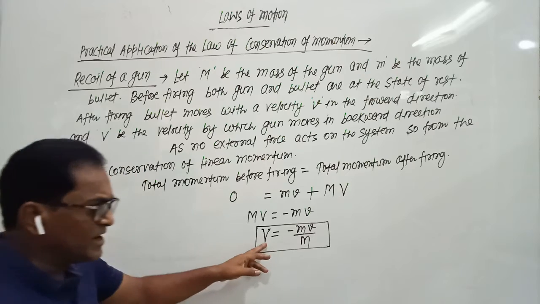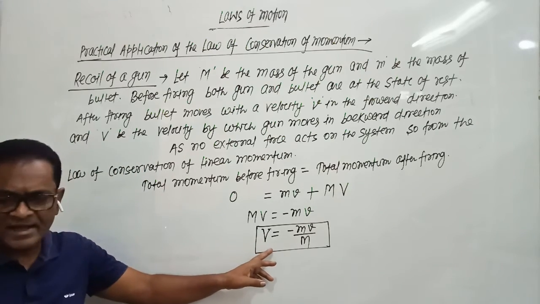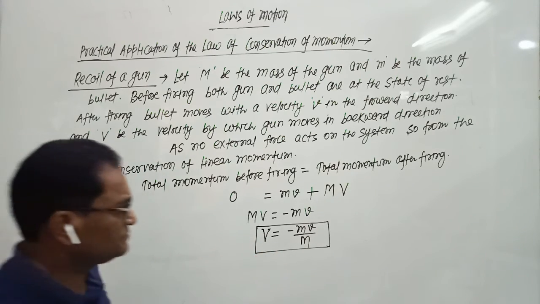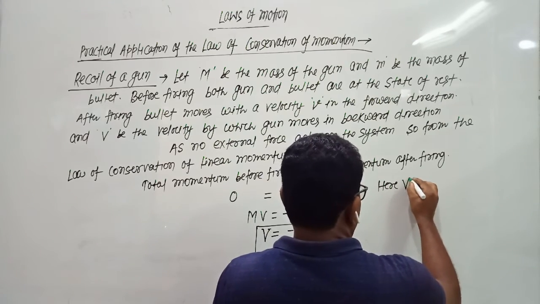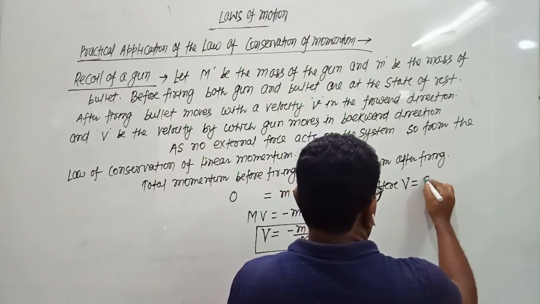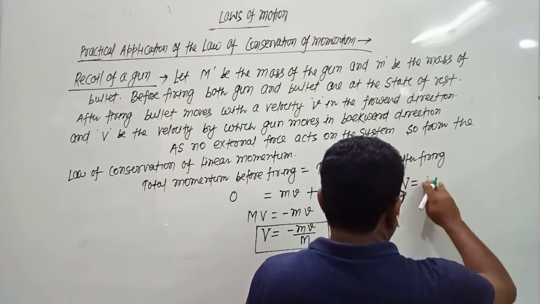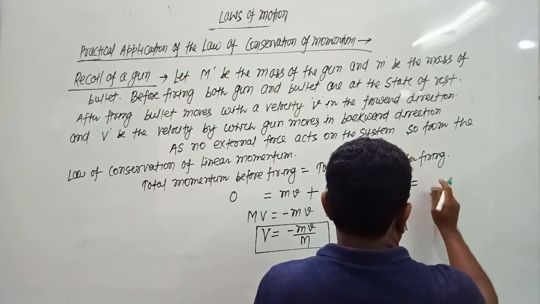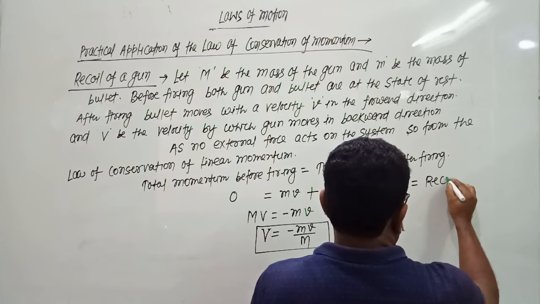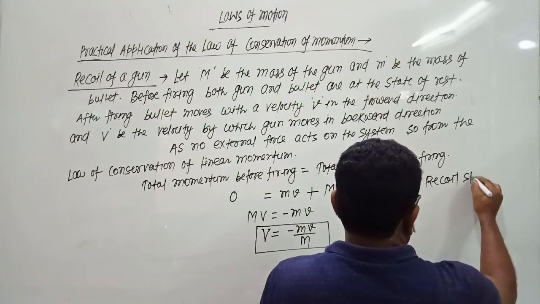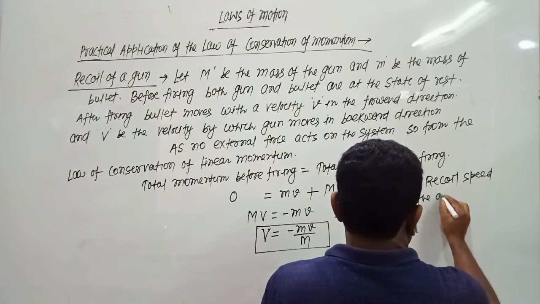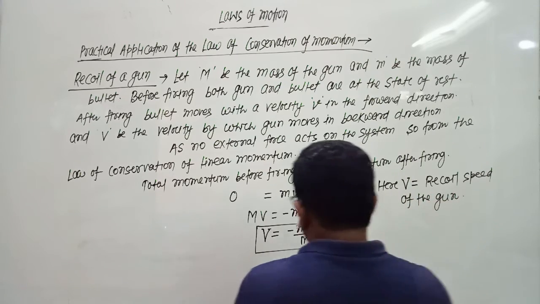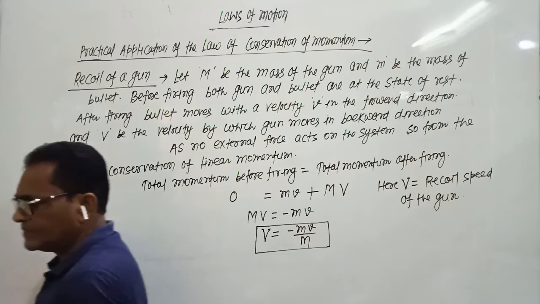This speed is called the recoil speed of the gun. Here capital V is the recoil speed of the gun, the speed by which the gun moves in the backward direction.